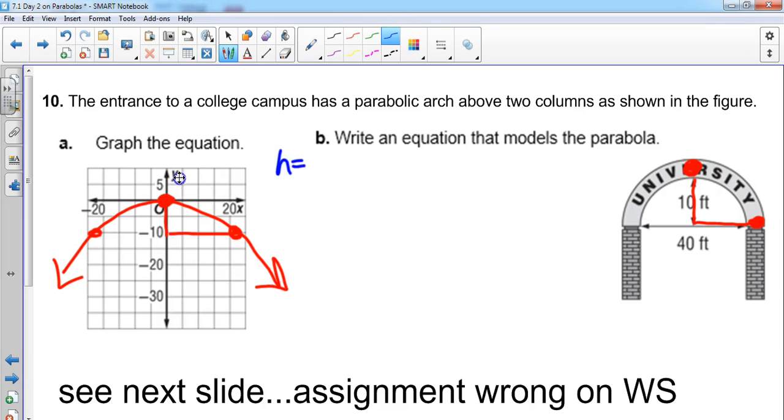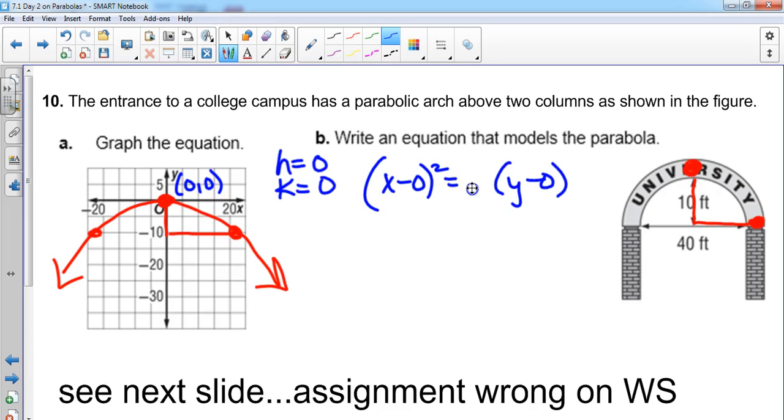H equals 0, K equals 0. X squared equals, it's opening down, y. We need to find P though, right? 40.